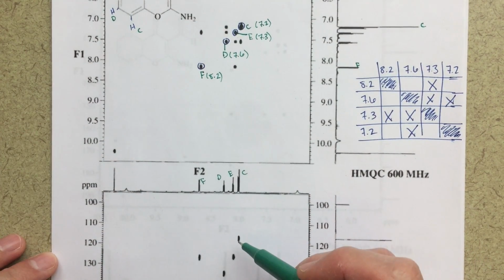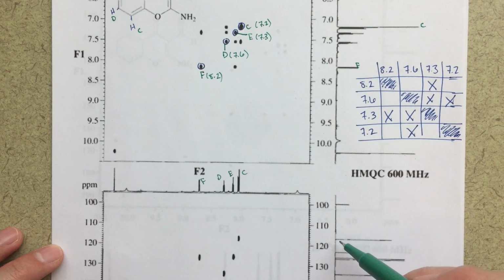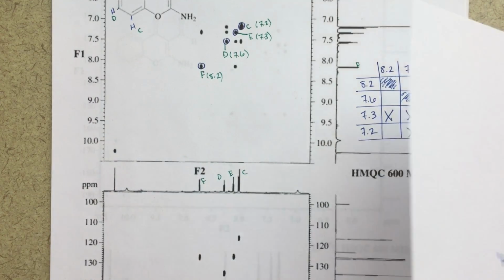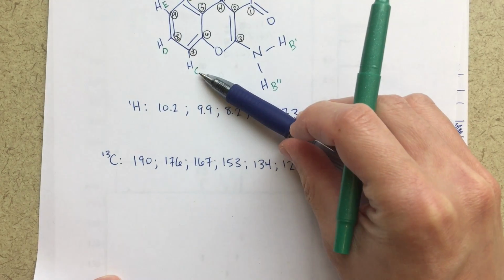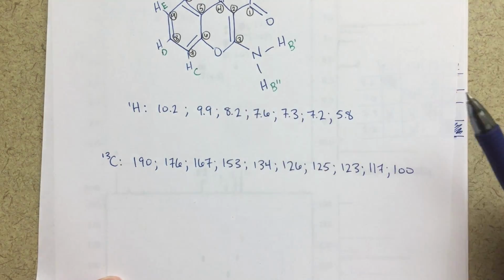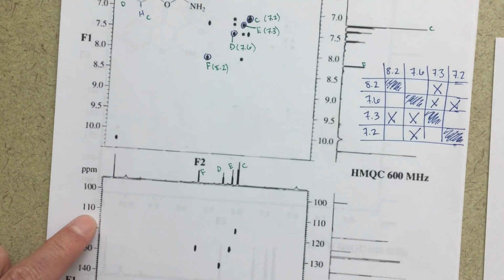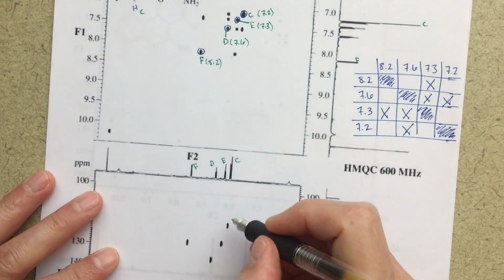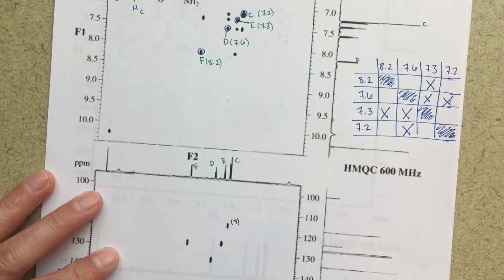So this C peak is correlating to this peak over here at 117. So I can tell right away, if I go back to my master diagram here, that this peak at C is correlating to this carbon that we would have labeled 7.